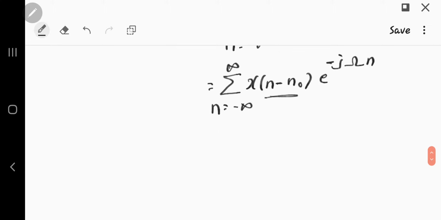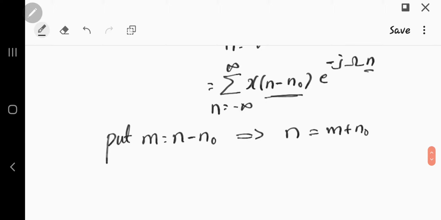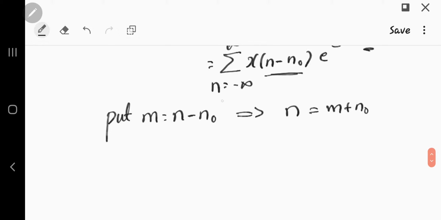Now we replace this n minus n naught with some other variable. Put m is equal to n minus n naught. So this implies n is equal to m plus n naught. We have to replace this n here with the respective variable. So if that happens, the limit will change in terms of m, because we have m plus n naught.